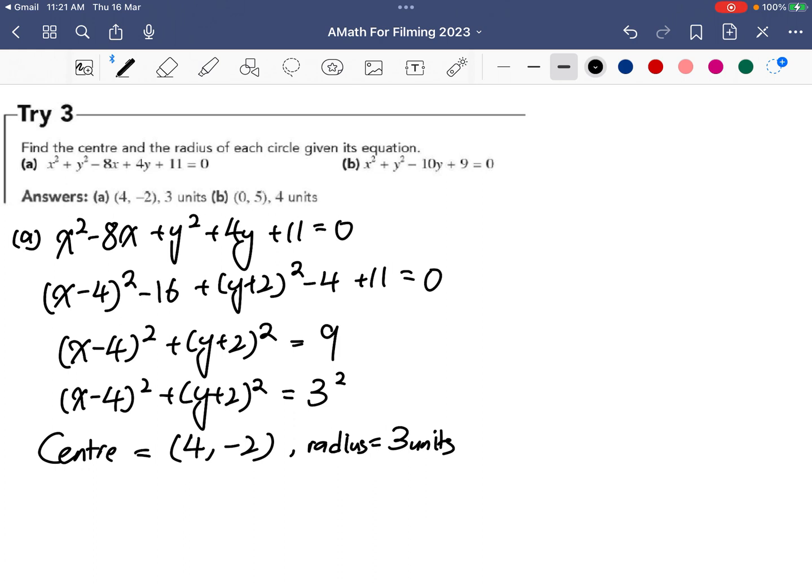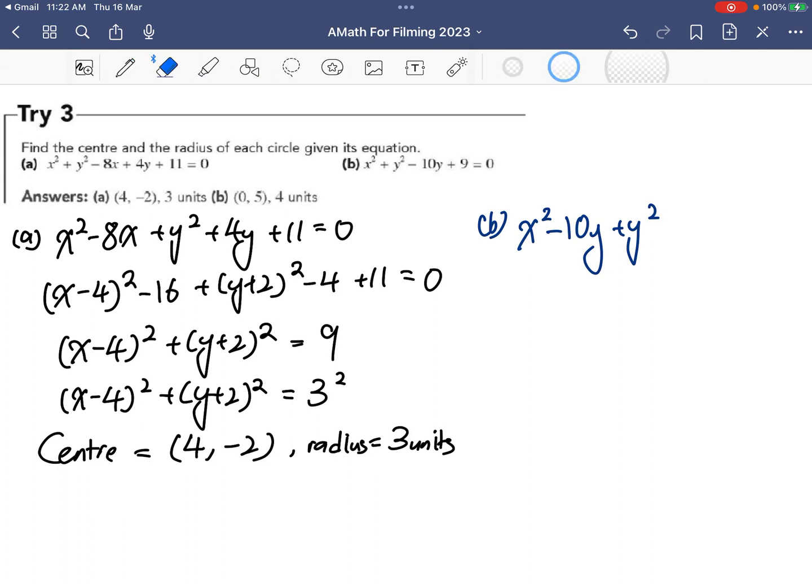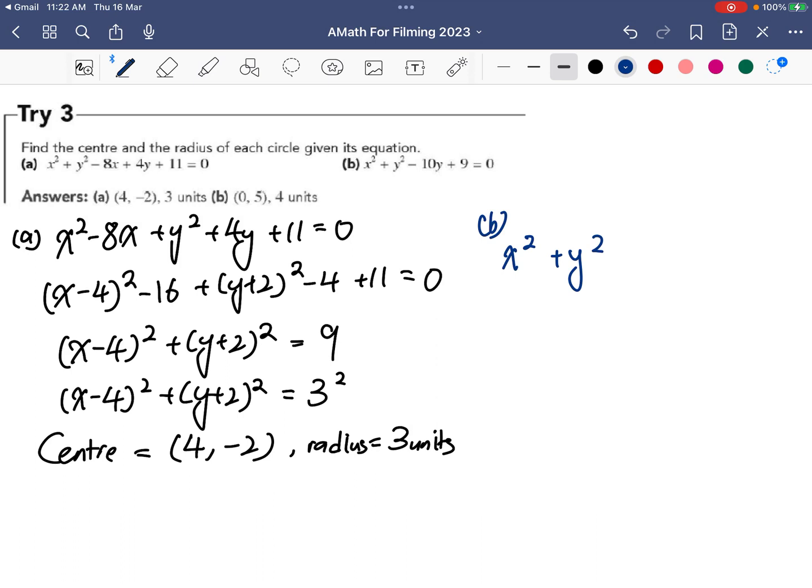Similarly, for part B itself, let me just quickly do part B. I do it in blue color. Okay, I get x squared minus 10y plus y squared. Whoops, no good. Let me retry this. So what I get is x squared plus y squared minus 10y plus 9 equals to 0.